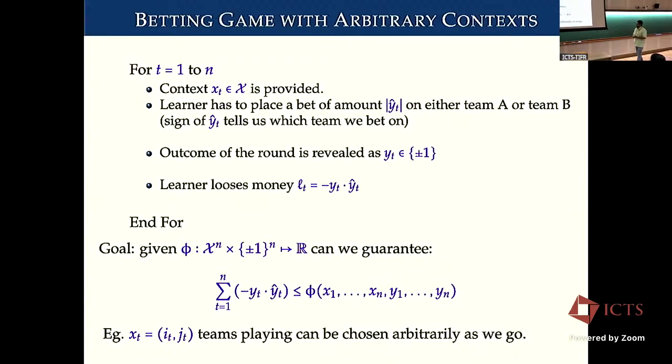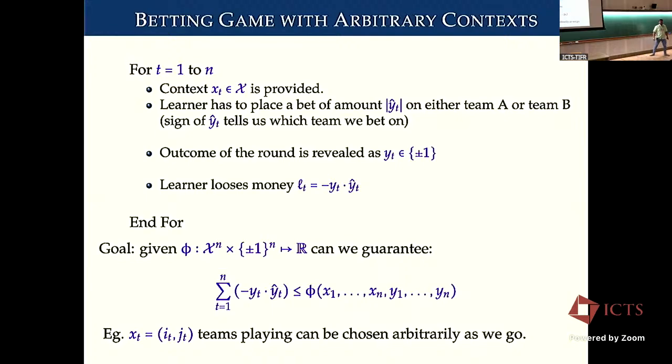Okay, and a simple example of the context. If you look at the previous example, there xt could just be it comma jt, and it's told to you as you go along. So as you come to the tth round, you're told which two teams are going to play against each other. But more generally, even if you think about the bit prediction problem, you could think about xt as just being the vector or some representation of y1 through yt minus 1.